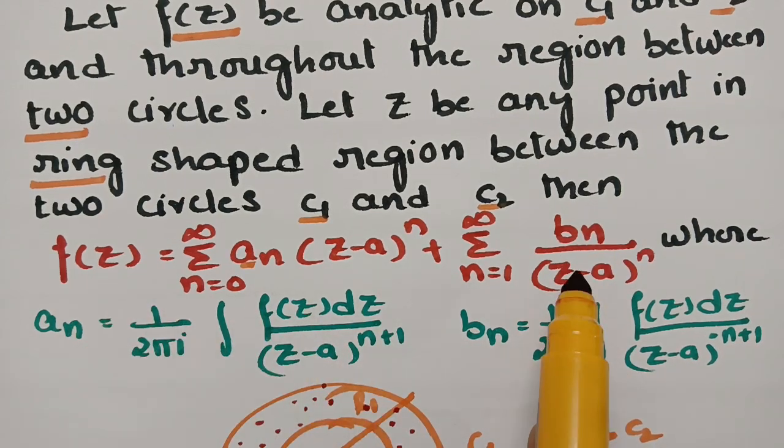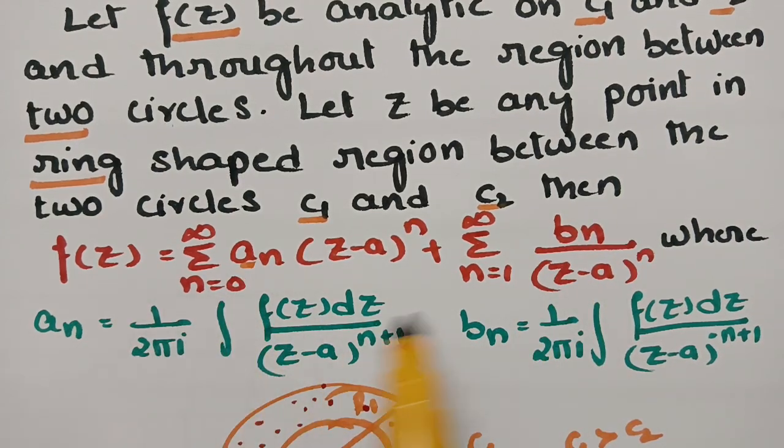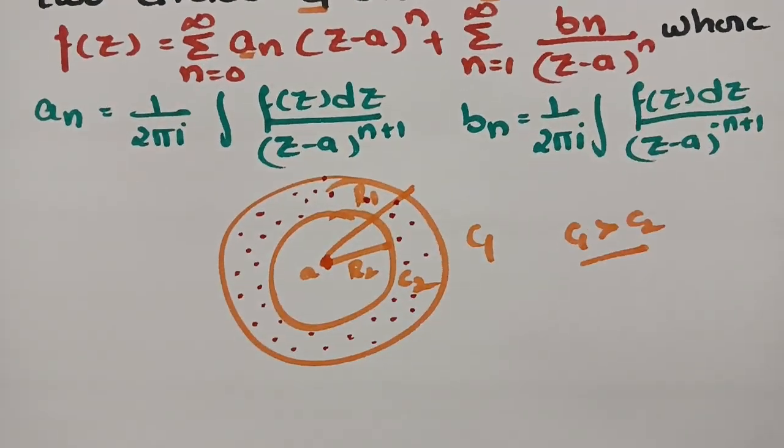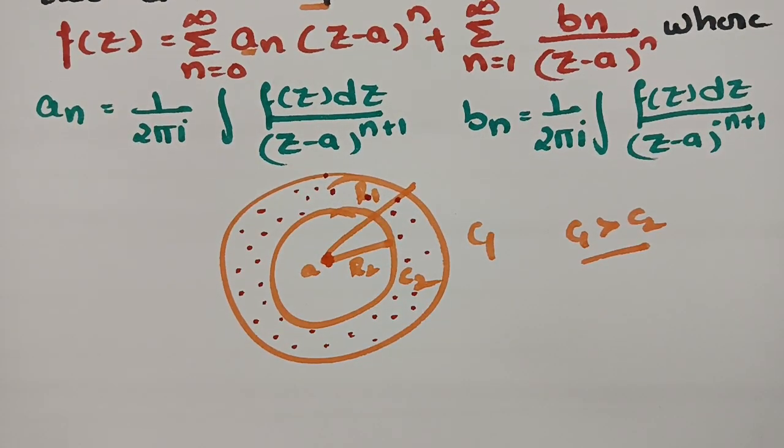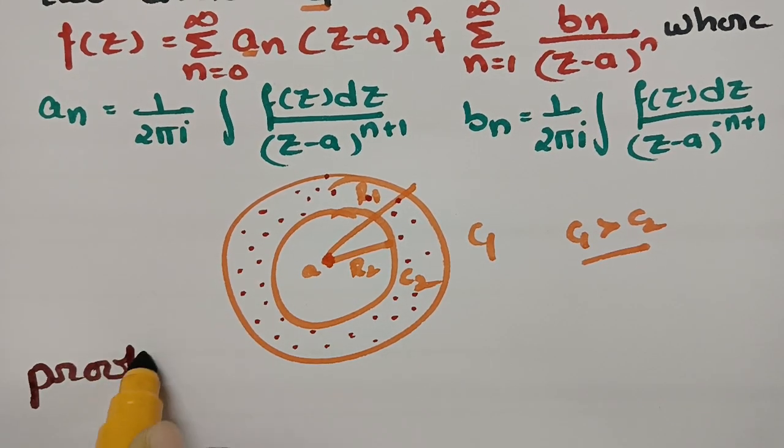Then we have to prove this. So a_n is equal to this one and b_n is equal to this one. Now we have to show this. In order to show this, I am going to use Cauchy's integral formula.